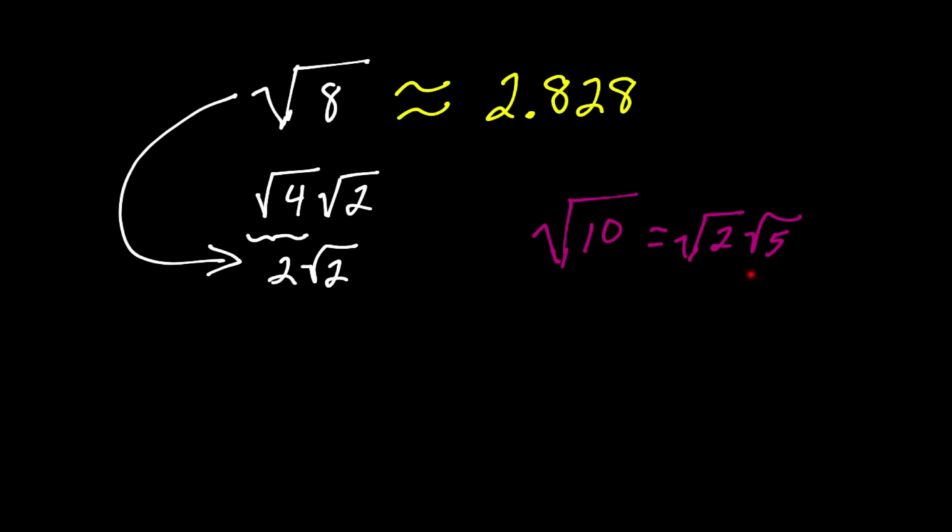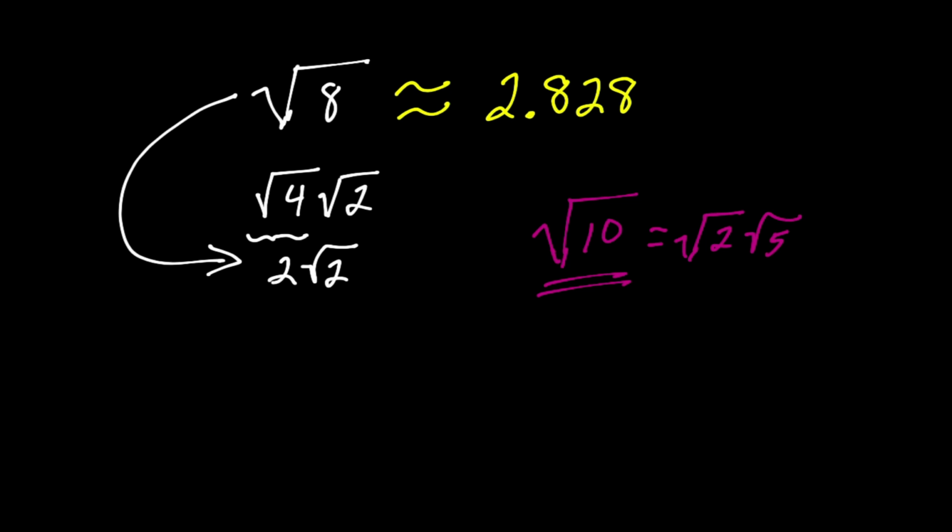This hasn't made it any simpler. In fact, it's made it a little more complicated. I don't do this because 2 is not a perfect square, and 5 is not a perfect square. So sometimes when you see a number like this, that's it, square root of 10. It doesn't get any simpler than that.